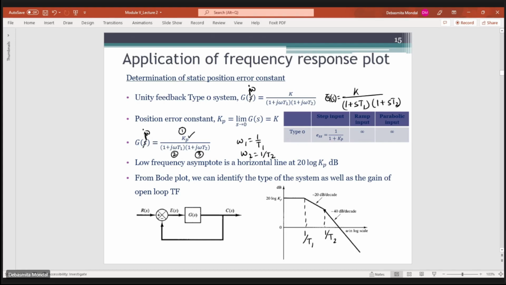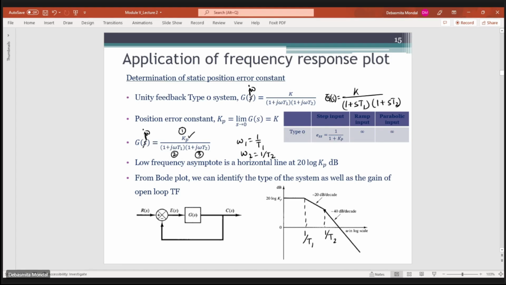From 0 to 1 by T2 the contribution is 0, so this part will remain unchanged. But beyond 1 by T2, one more minus 20 dB per decade straight line will be added, so the slope will change and become minus 40 dB per decade.